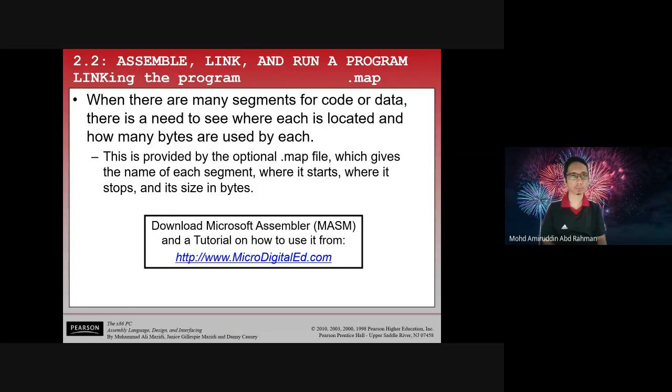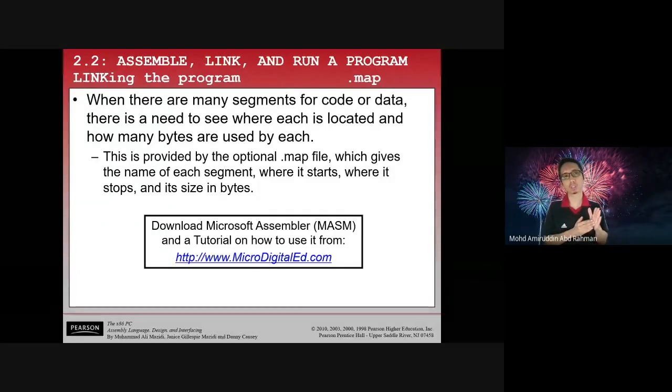So that's the relationship from the program that you make and run, from the assembly language programming inside the assembler, which is the MASM. You follow that until you can create the program to the .exe. That's actually what we have learned so far in this chapter 2.